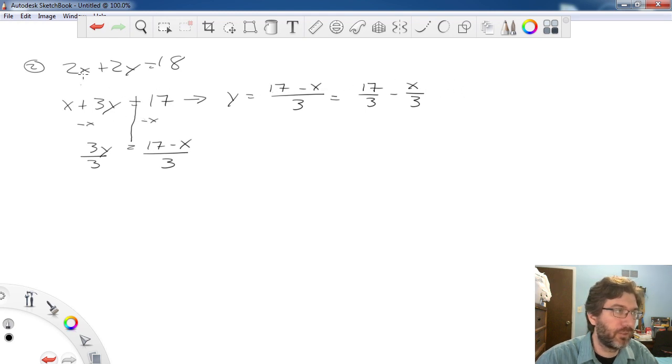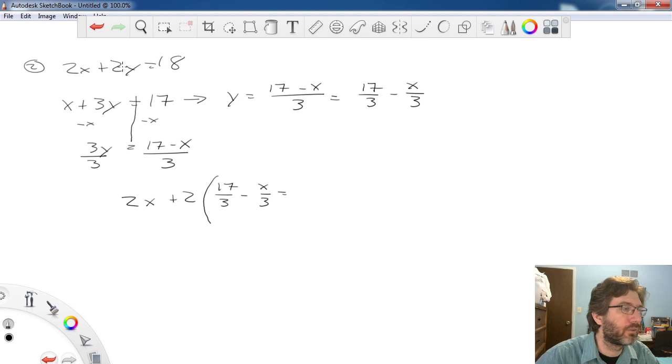And once you've rewritten that, you just plug it in for the y here, which is going to be a little difficult for you to solve. So let's look at what that's going to look like. I'm going to plug it in. So it's going to be 2x plus 2 times the quantity 17 divided by 3 minus x divided by 3 equals 18 here. I guess we can end our parenthesis.